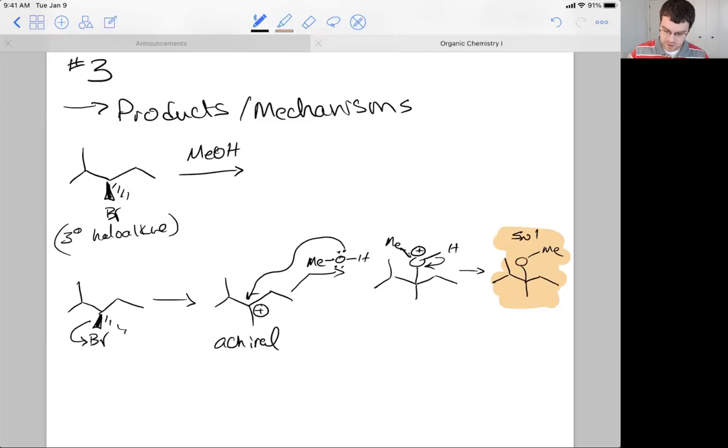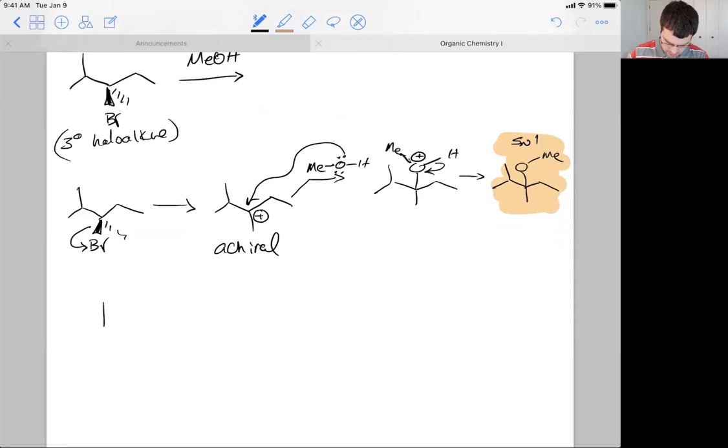Now, from this achiral carbocation intermediate, I'm just going to redraw it. We have actually several vicinal hydrogens that are present, not at the carbocation center.